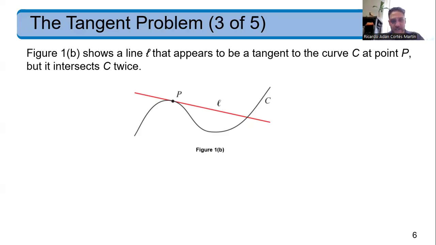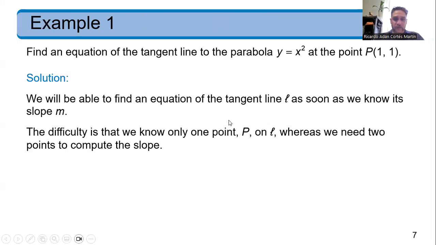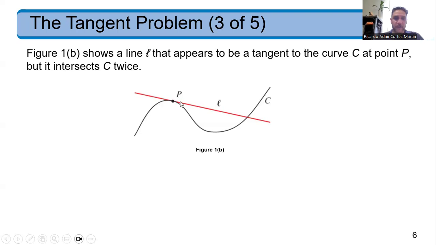It looks like this is what we would mean by a tangent. But if we define it as the line that only intersects in one point, it doesn't match the definition. So what are we going to do? Maybe we don't care so much about the other point of the curve, but we only want to know what happens near the point P.